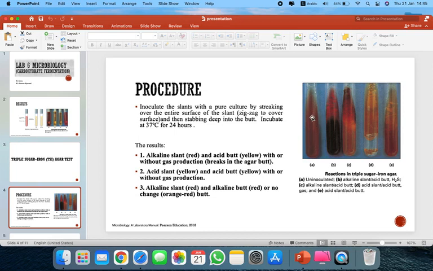It has a specific color, same principle about the carbohydrates. But this test is specific for the Enterobacteriaceae inside my intestine. Why? Because inside the intestine I have multiple types of Enterobacteriaceae.